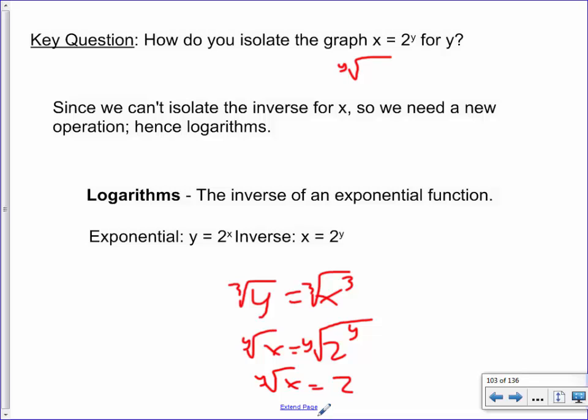Just like adding is the opposite of subtracting, multiplying is the opposite of dividing, and squaring is the opposite of square rooting, logarithms were developed to be the opposite of exponents. Not exponents like when you square and then square root, but when the exponent is the variable. That's why logarithms were invented, basically. So it's a new operation.